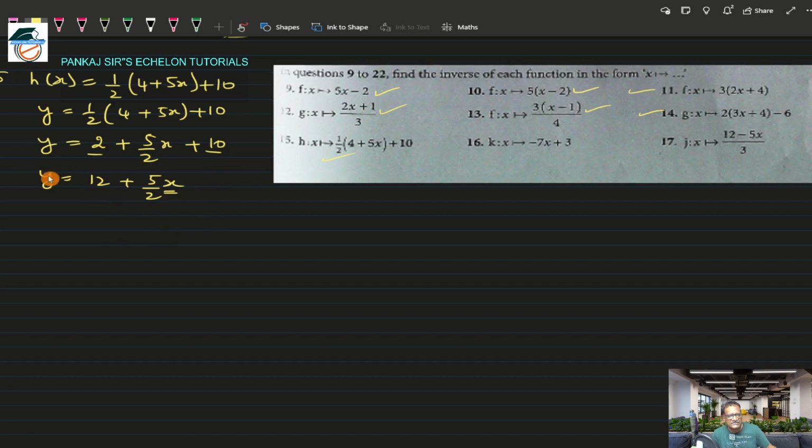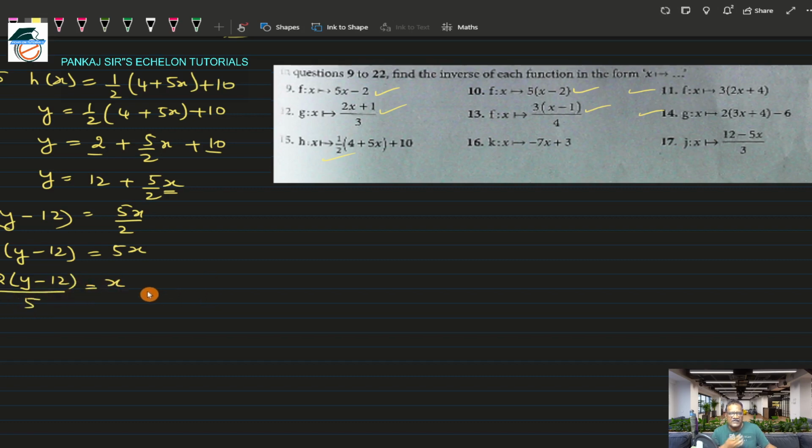So let me take this 12 over here. My y minus 12 is equal to 5x upon 2, right? Now this 2 I will take over here. 2 into y minus 12 equal to 5x. And this 5 I'll bring here. So 2 into y minus 12 upon 5 equal to x.